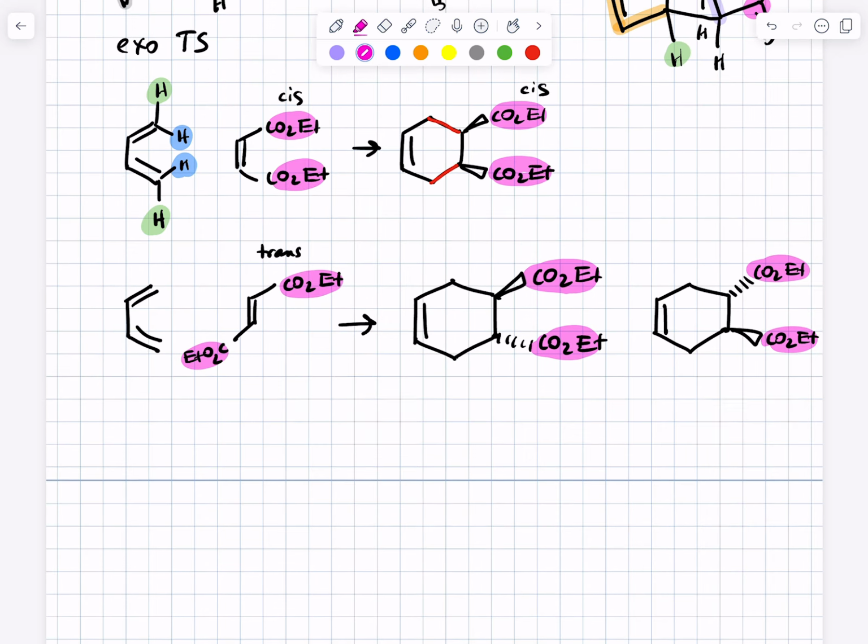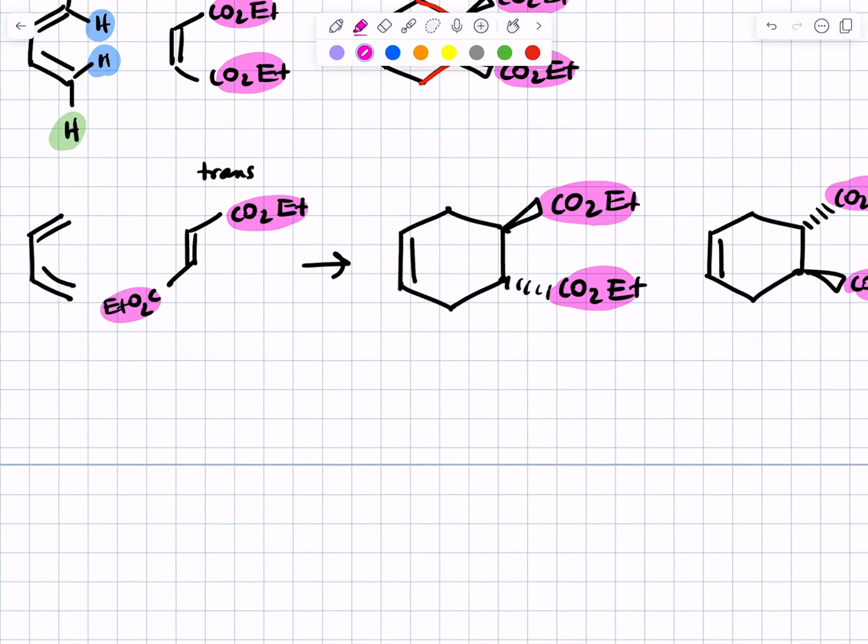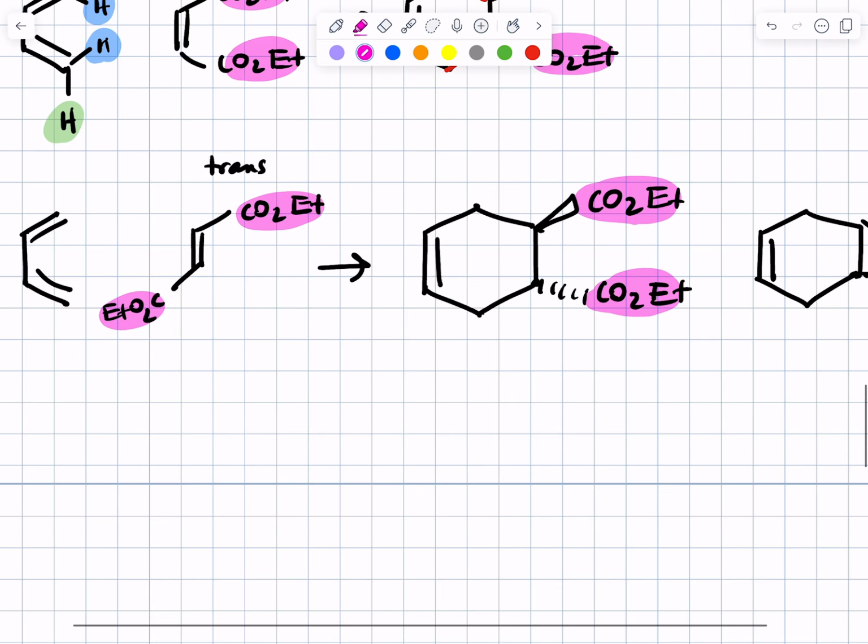Now, I wanted to illustrate just briefly why you can't choose endo and exo when the olefin is trans. So I'm just going to briefly modify this example and imagine that this was cyclopentadiene.